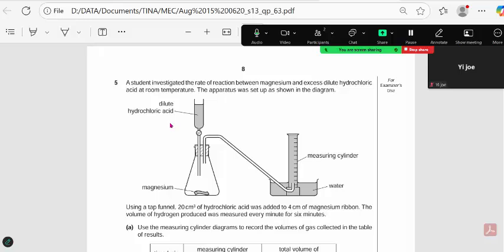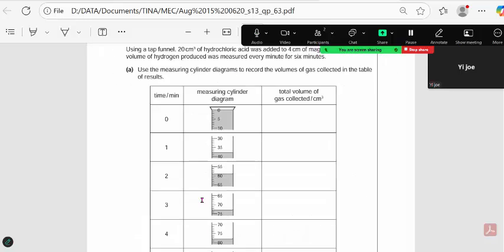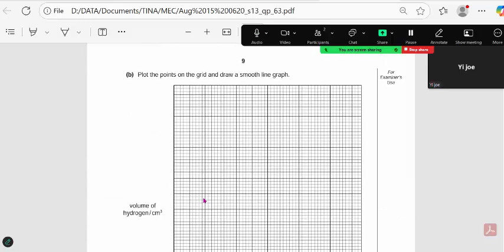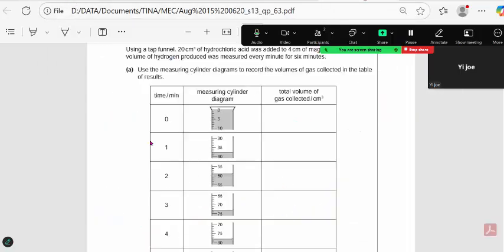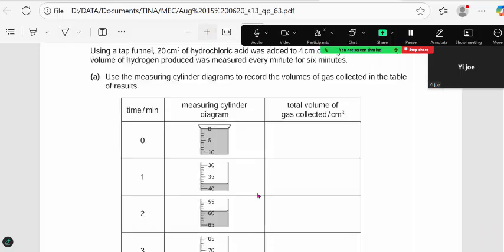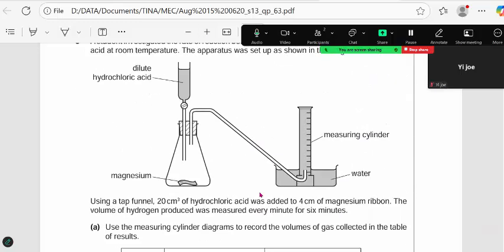Okay. Joe, do you do your homework? Silence. Joe, did you do your homework? Okay, yes or no? I don't know. Okay. Anyway, let me just explain to you lah.